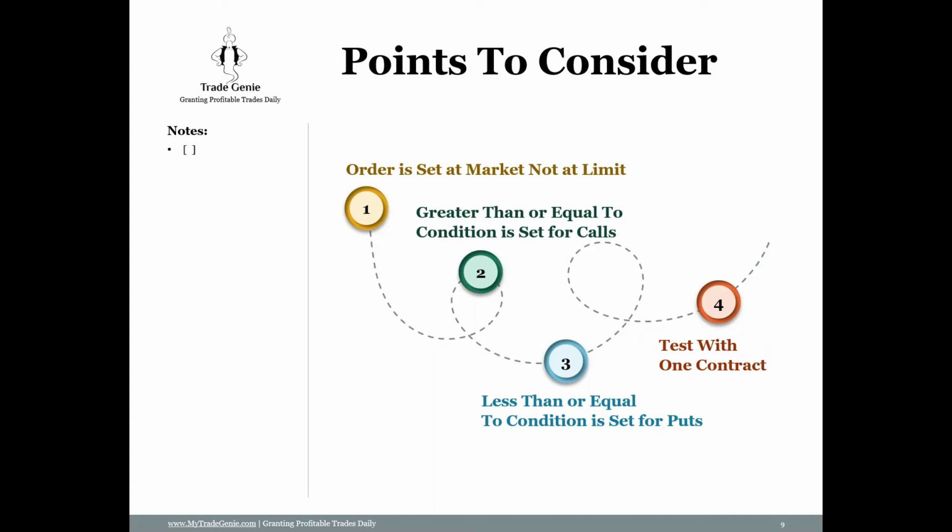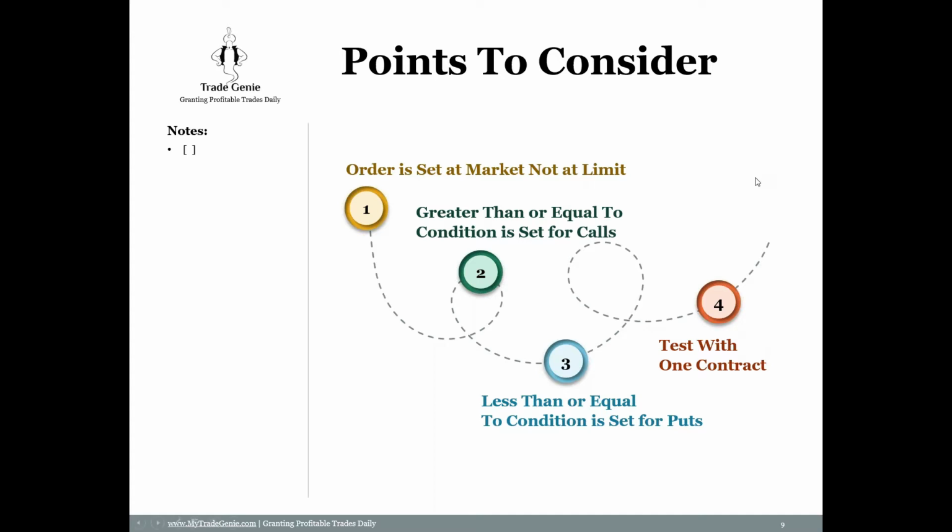And when you see it's working, then you implement it in your live trading. So remember: greater than or equal to for calls, and less than or equal to for puts, and market, not limit, because you want to sell your option at the market price at that time. The limit may not be reached.